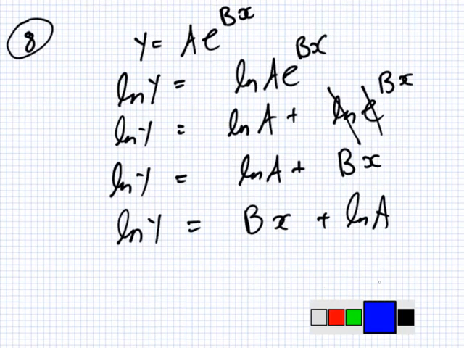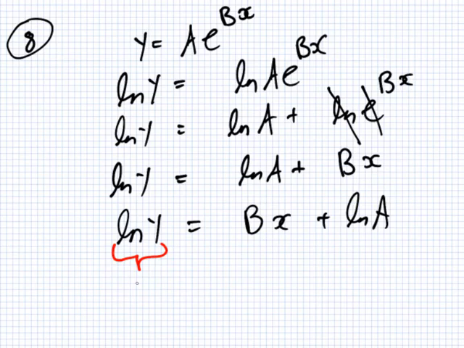Now if you look at it like this, if you call log y some new letter like y dash or v or u or whatever, and if you keep x as x, then you actually have something which now looks linear in its graph. This is like the slope and this is like the intercept.